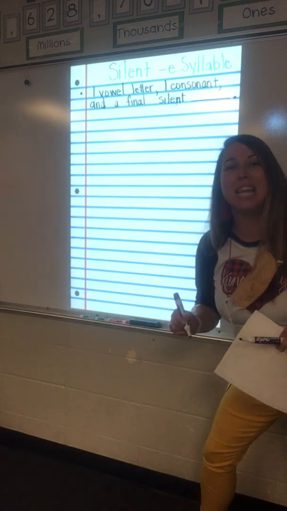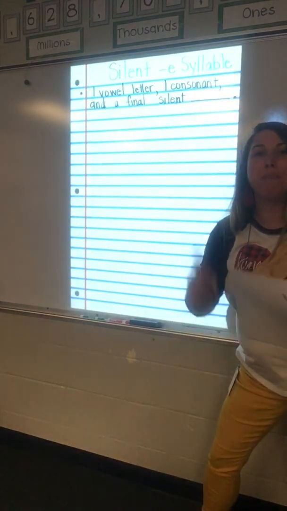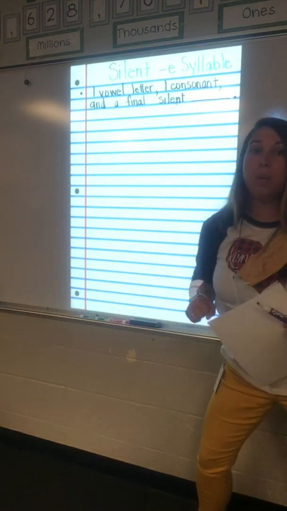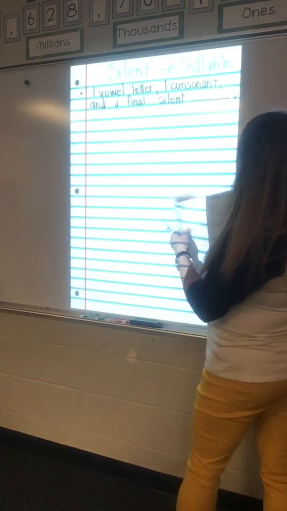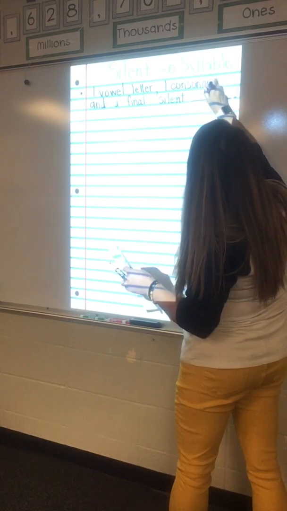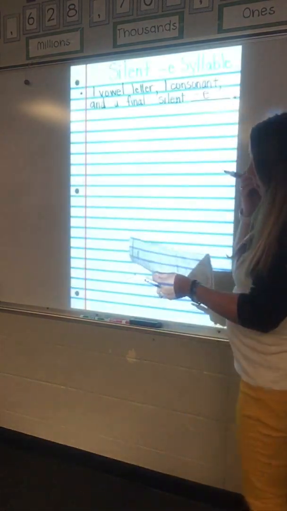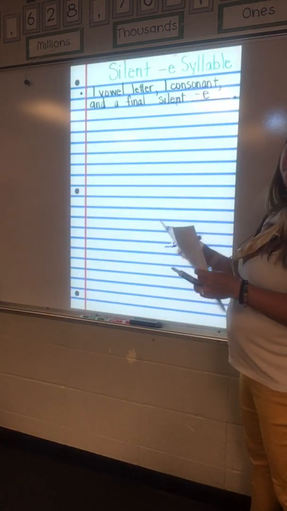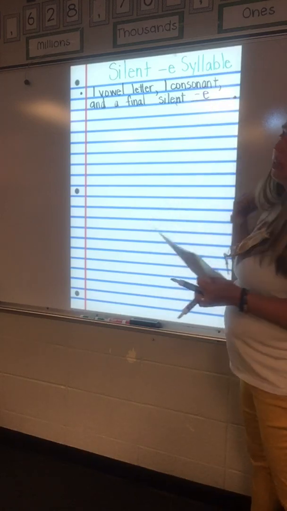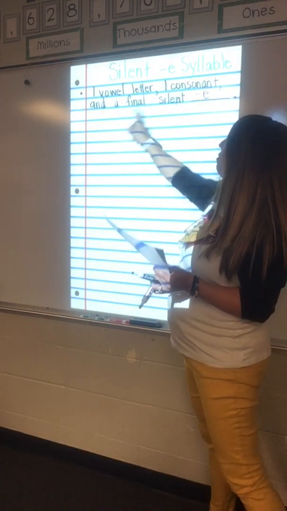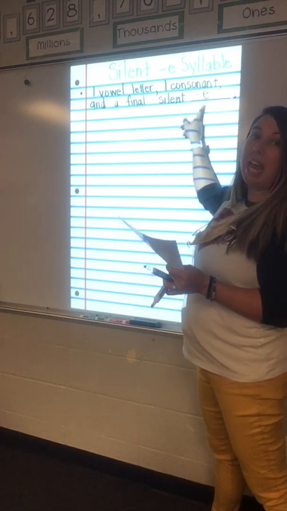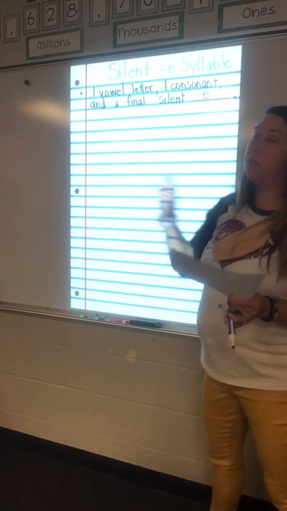What's it gonna have at the end? A silent E, or we also say the magic E. Okay, so I'm gonna make that an E. So the silent E. Okay, so that's one way. So it's a vowel letter with a consonant and then a final silent E, sometimes it could be in the middle, sometimes it's at the end.